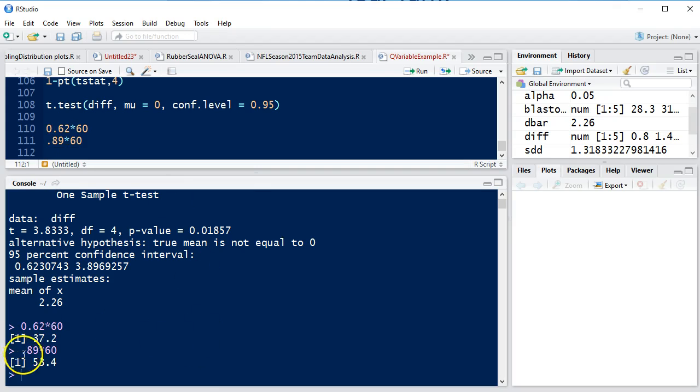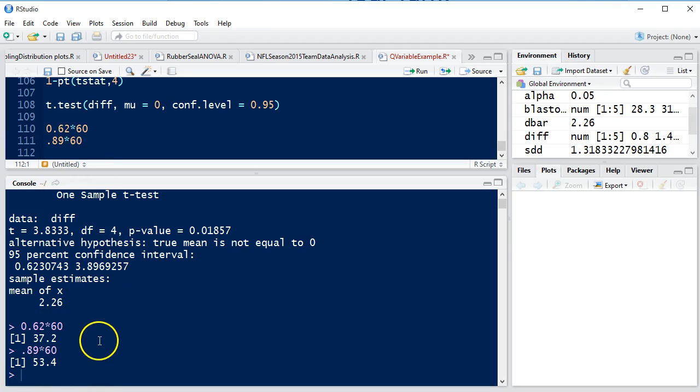So we could really say that it goes from 37 seconds, so the Blastobike reduced times by 37 seconds to 3 minutes and 53 seconds. So that's one way that we could write this with a little bit more of a practical application of the problem.